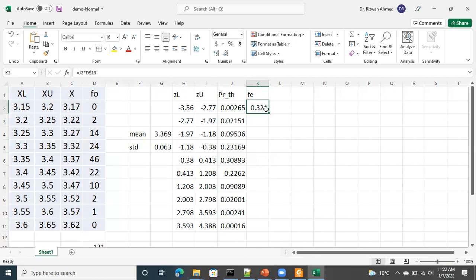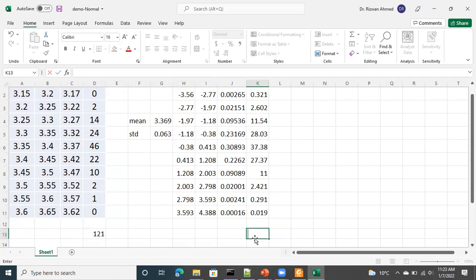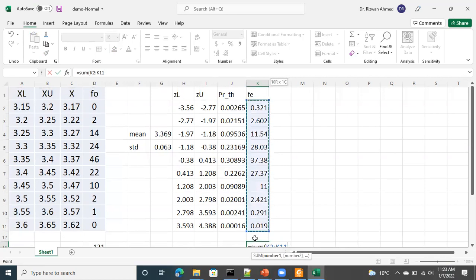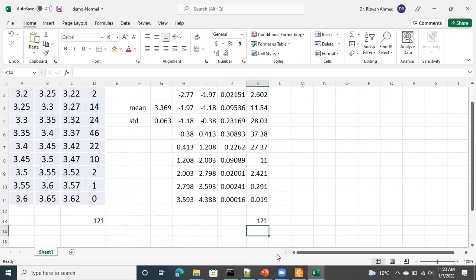So the frequency is 0.321. All values have been computed. Let's check whether the sum equals the observed frequencies. The summation is 121.